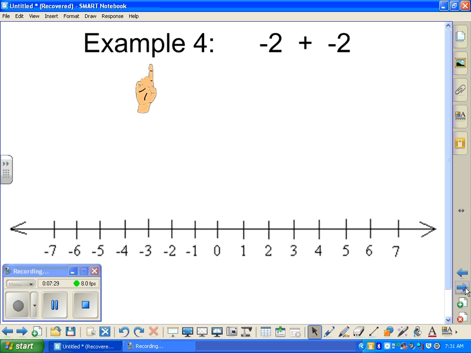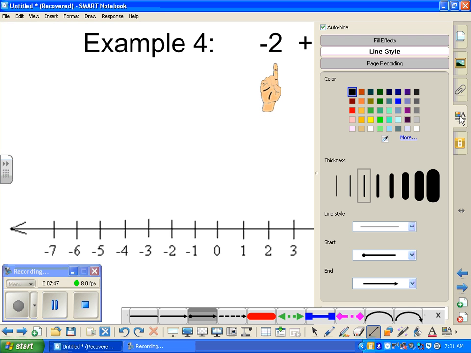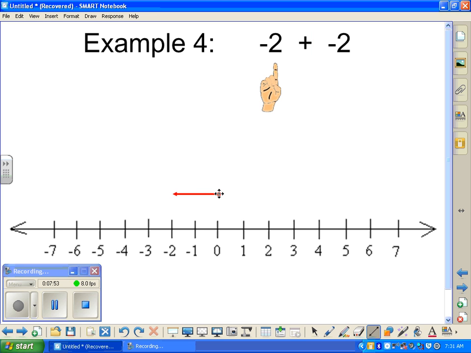Let's do one more example here, example 4. Now here, we've got a -2, and we're going to add an extra -2 to this here. So can you guess what we're going to start with? We're starting with going from 0 to -2, right?